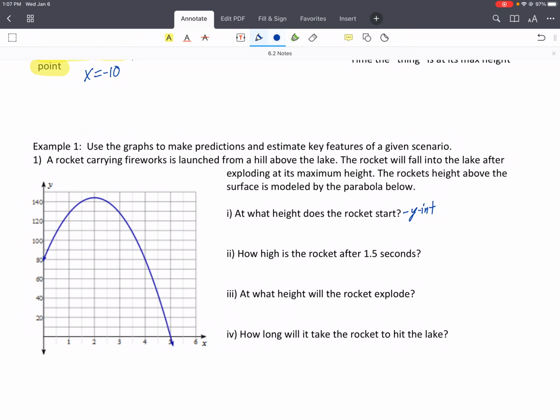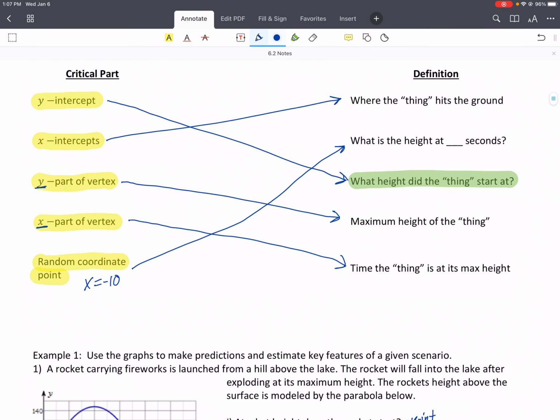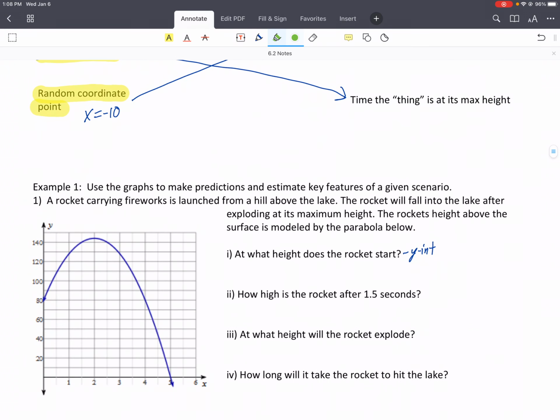How high is the rocket after 1.5 seconds? So what is the height at blank seconds? So that's going to be a random point, so I'll just say random point. Okay. What height will the rocket explode?